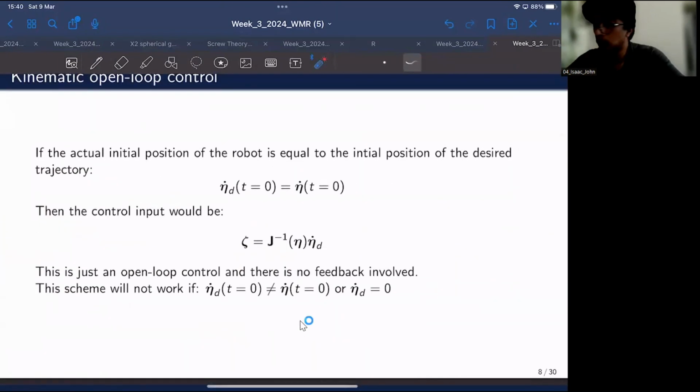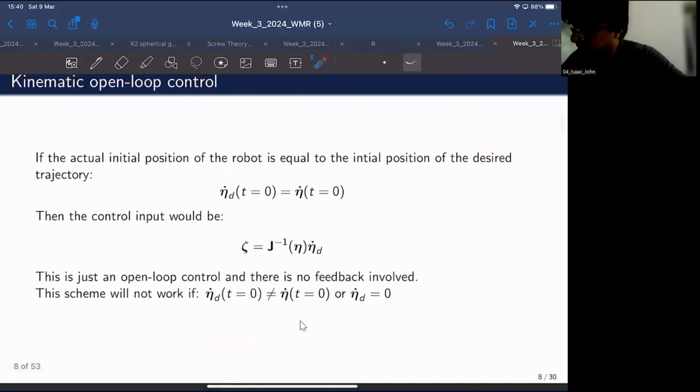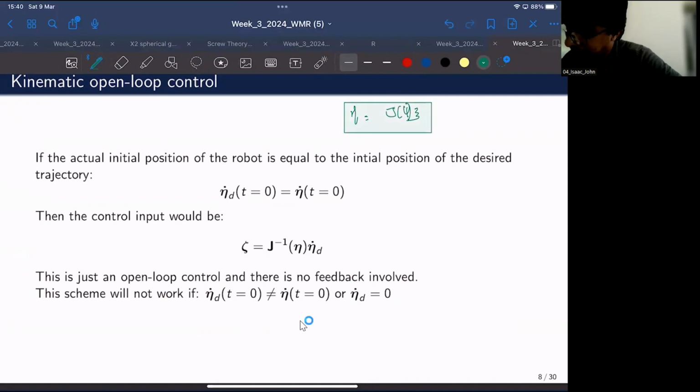Okay, so now we will go with open loop control. For example, take the kinematic model of the robot to be eta dot as J of psi multiplied by zeta. This is how you can model the robot kinematically. If you are given a desired trajectory, eta desired dot, this is how you would want your robot to move.